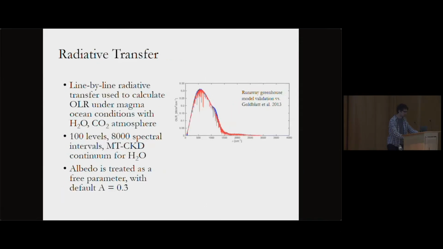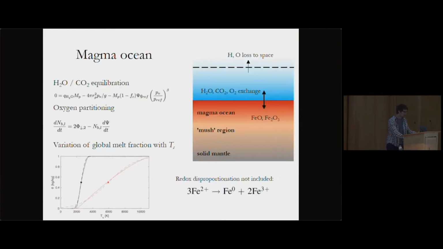So then we did radiative transfer, which I'm just going to skip right over. It's a line-by-line calculation, but really fairly standard in most respects. We did a magma ocean calculation, and I'm going to try to breeze through this as well because Laura did a really thorough overview of this yesterday. But the magma ocean depth varies as a function of the temperature. We allow H2O and CO2 to equilibrate.